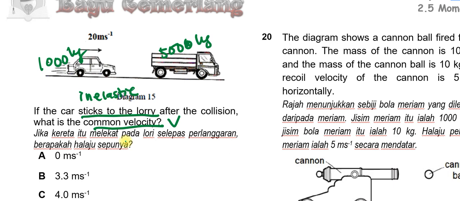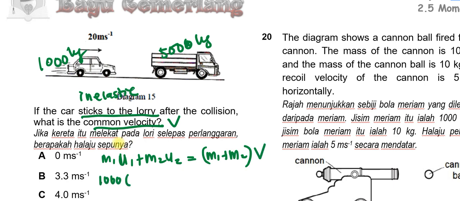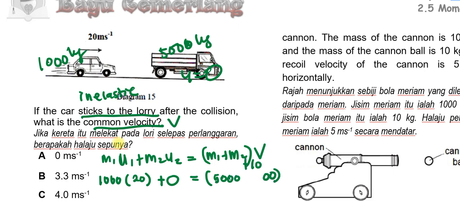So this is inelastic. How do we do inelastic? M1U1 plus M2U2 equals M1 plus M2 in a bracket, V. So 1000 kg multiplied by U 20, plus the lorry is parked, so U equals 0. Just put 0. M1 plus M2 is 5000 plus 1000, V.